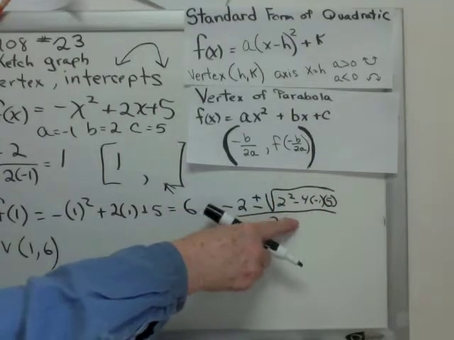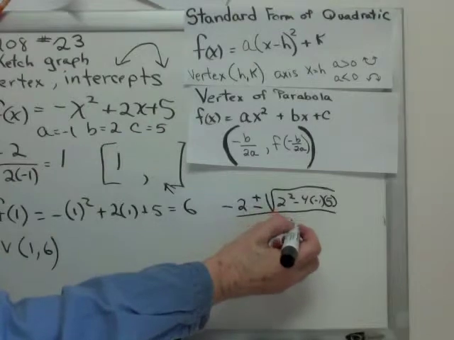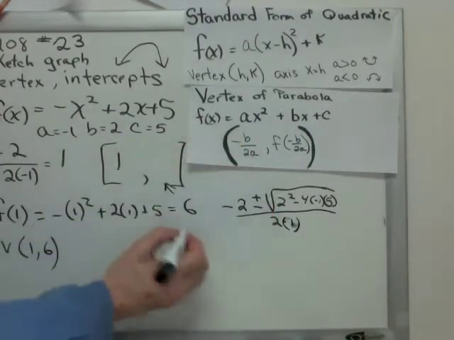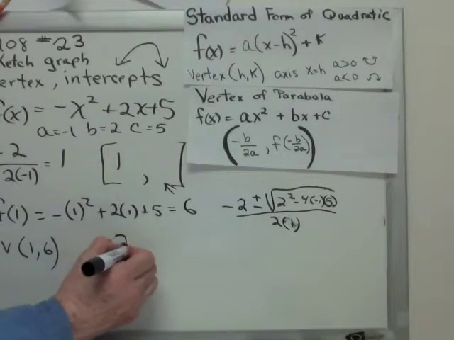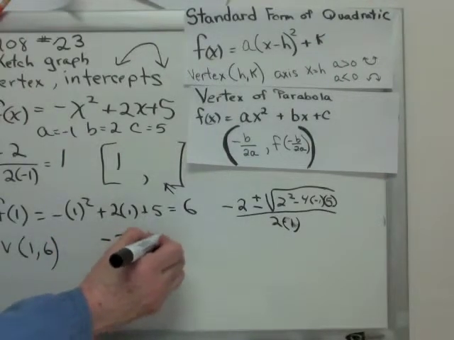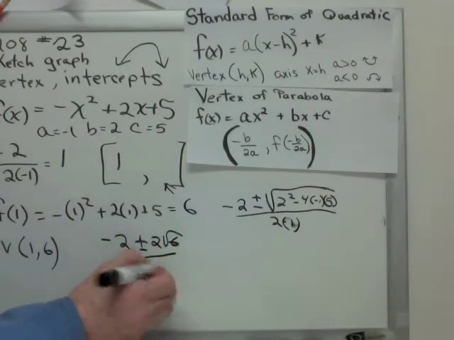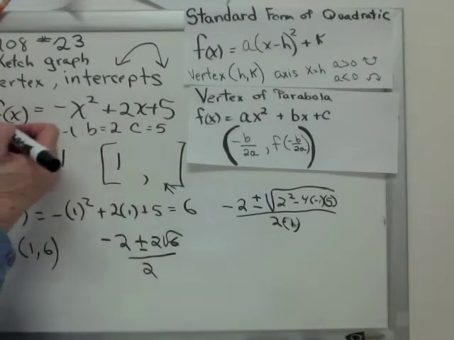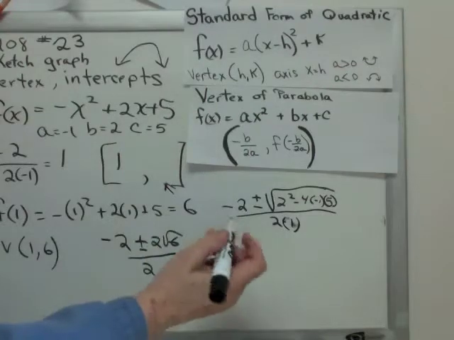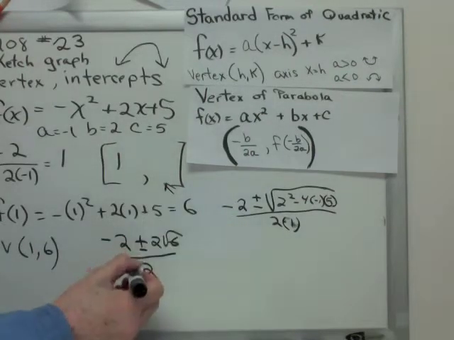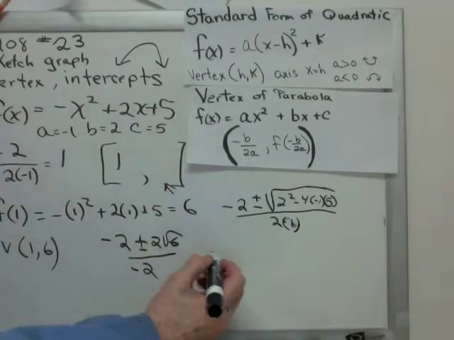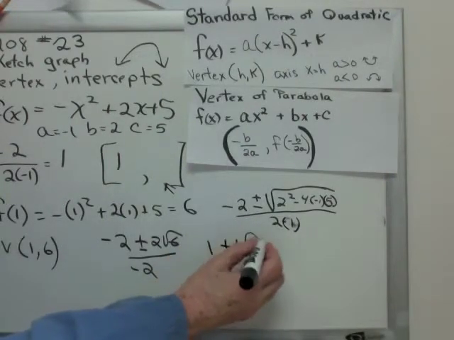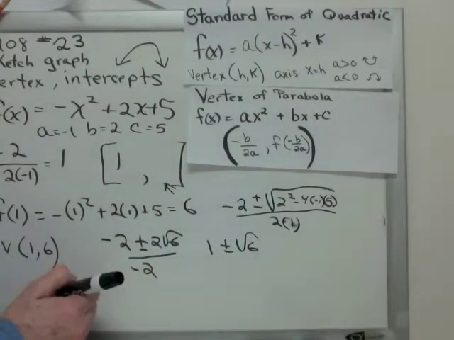And when you figure that out, oops, a is minus 1. When you figure that whole thing out, you should get minus 2 plus or minus 2 root 6 all over 2. Simplifying that, you should get, let's see, do I have that right? Over minus 2, right? So then I get 1 plus or minus root 6, right?